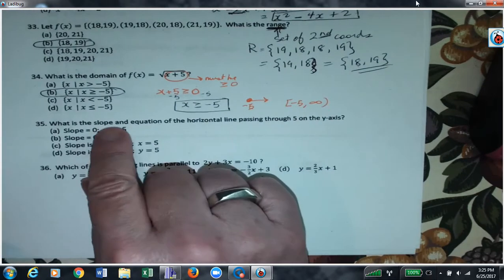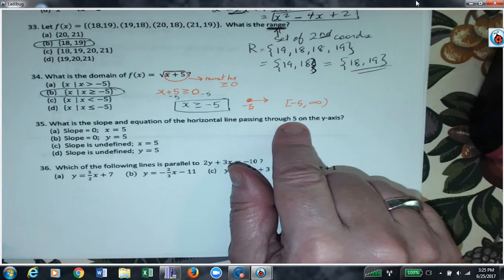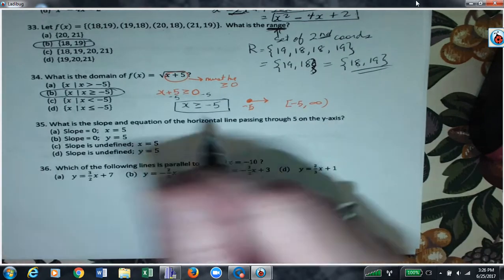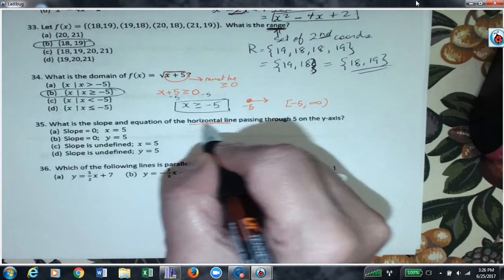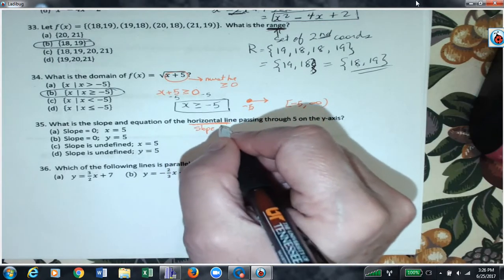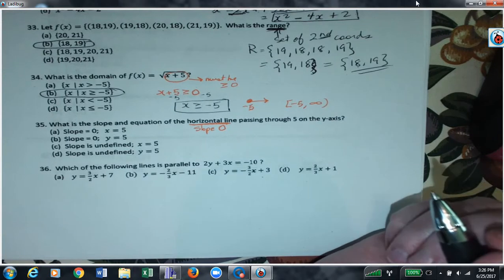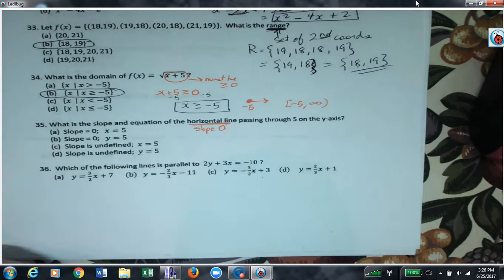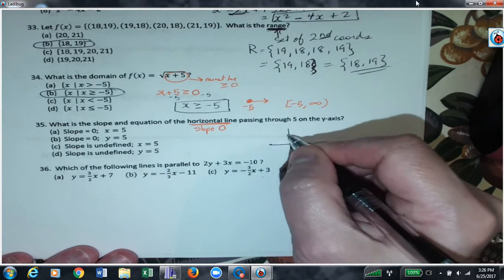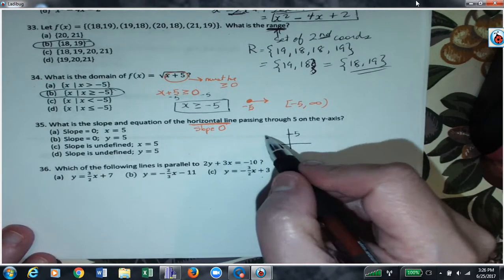What is the slope and the equation of the horizontal line passing through 5 on the y-axis? Well, first of all, horizontal lines always have slope 0. A vertical line has undefined slope, but a horizontal line has slope of 0. Now, it said it's passing through 5 on the y-axis.